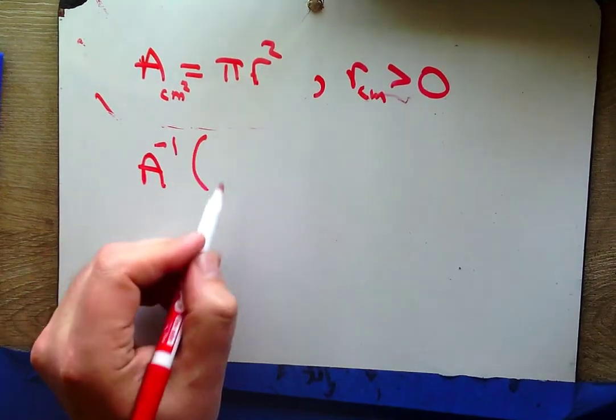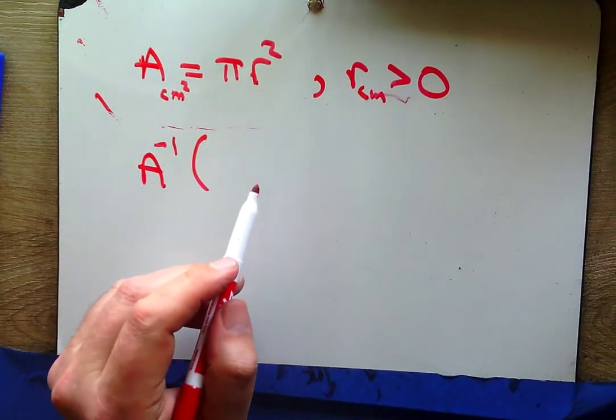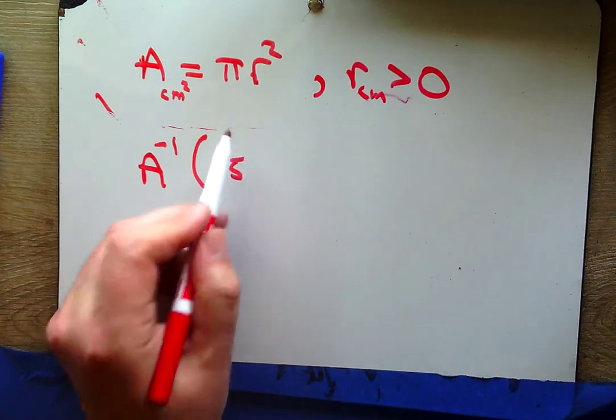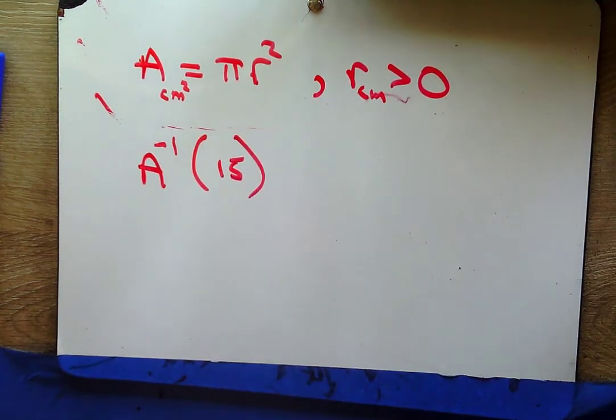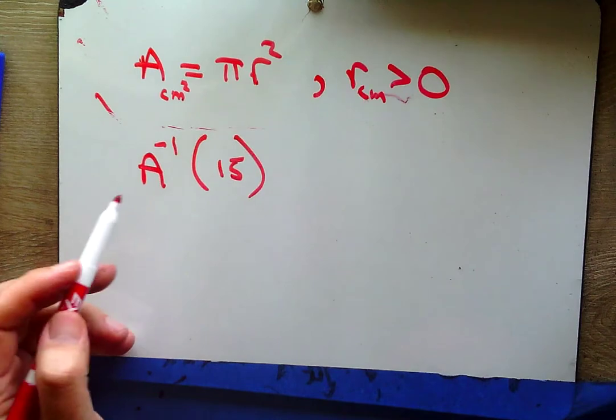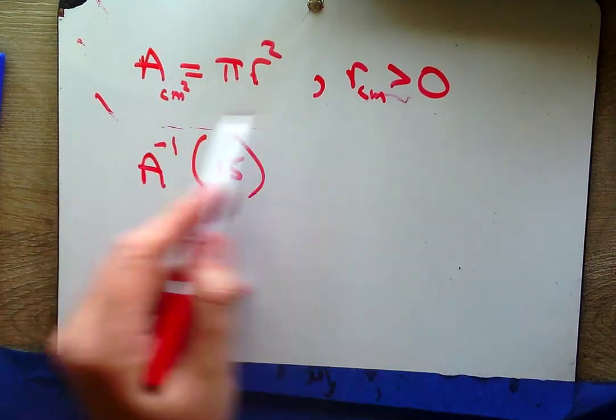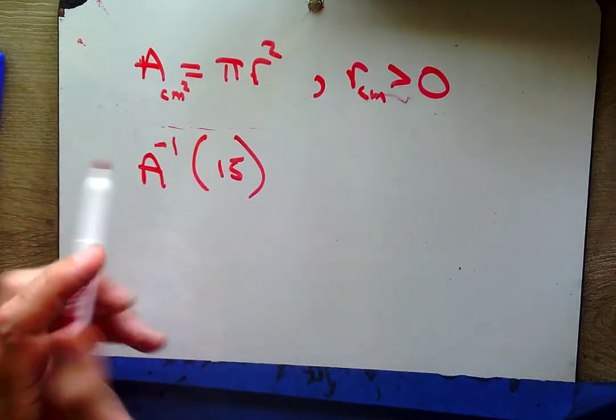A inverse of 15. What does that mean? How do I find that? Well, that's a good question. Maybe I should build that inverse function.